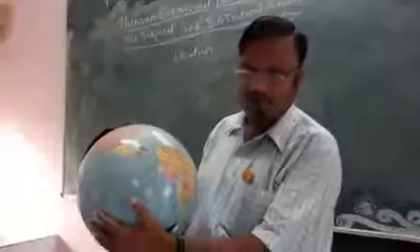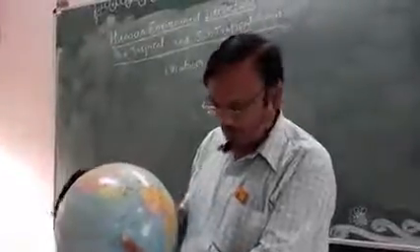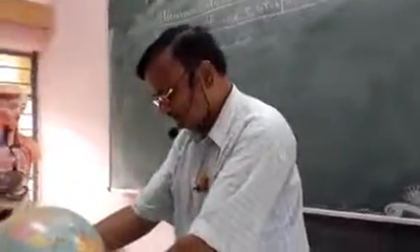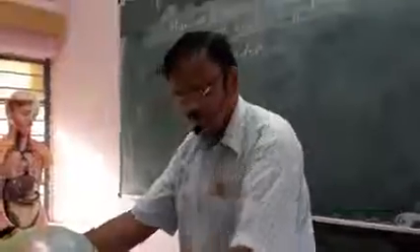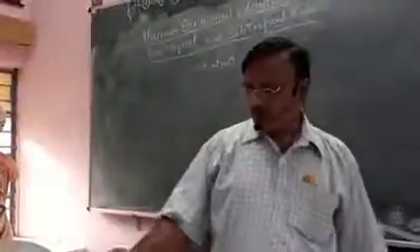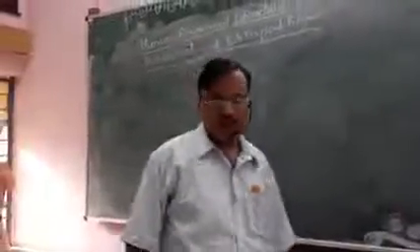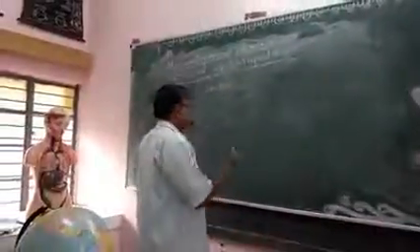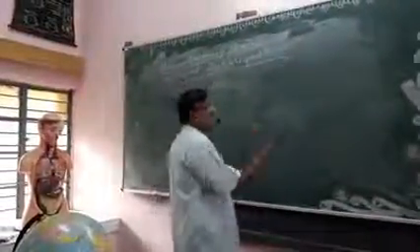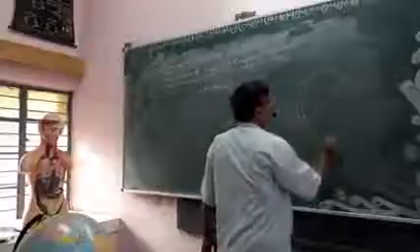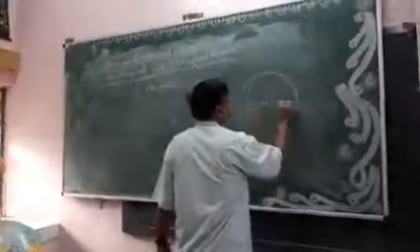Here this river basin lies. This is called the equatorial region because it is on the earth's surface, on the equator.